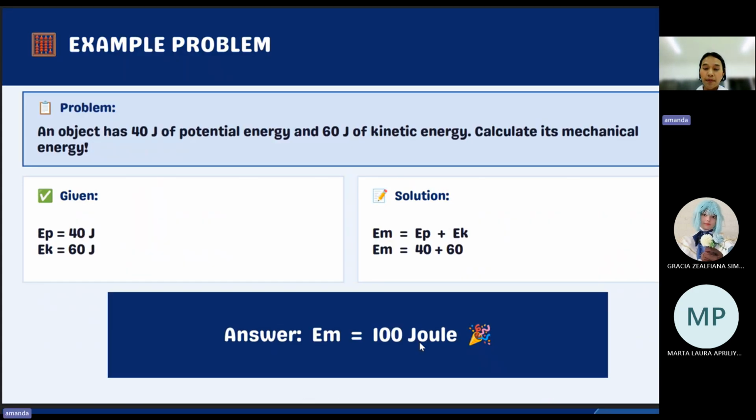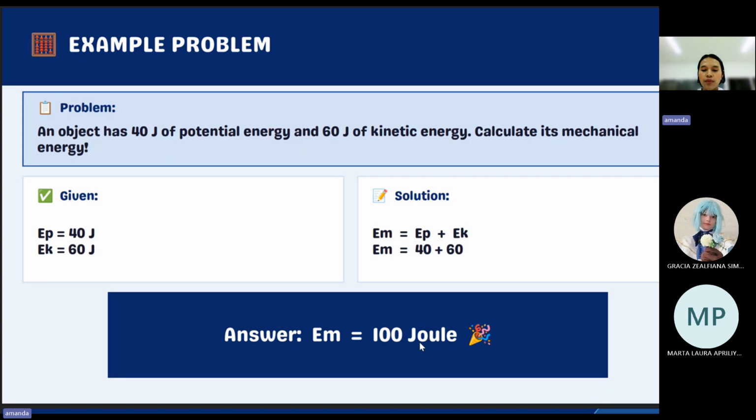The next slide about example problem. To make sure we've got the math down, let's solve a quick problem together. The problem states an object has 40 joules of potential energy and 60 joules of kinetic energy. Calculate its mechanical energy. First, let's write down what is given. Energy potential equals 40 joules and energy kinetic equals 60 joules.